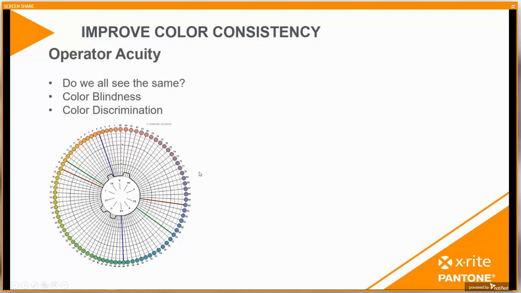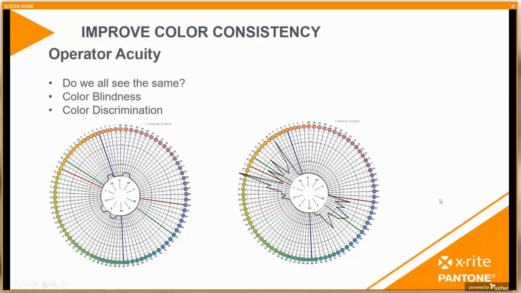There are also people who have poor color discrimination in certain areas. This is a test of a real person. So these lines way out here mean that they might have had that off by 8 or 9 positions, right? So you look at this person and say, yeah, I don't want them judging color, or at the very least, I don't want them judging yellows and blues, right?